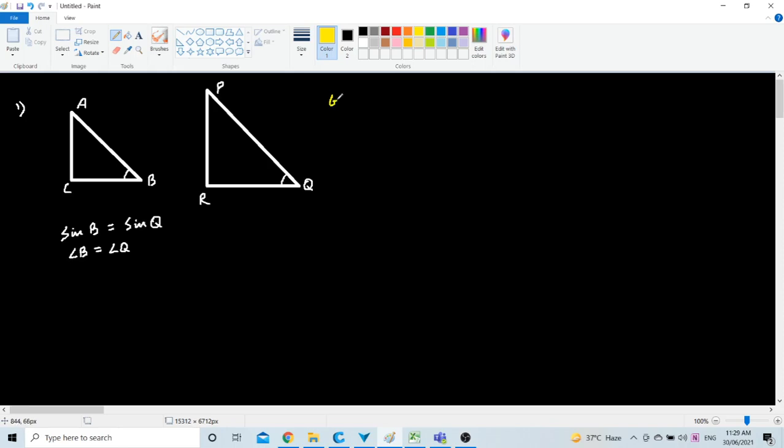Okay, now the first thing you have to write is Given. What is given to you is sine B equals sine Q. This is given in your question. Now the next one is To Prove. This is the next heading.